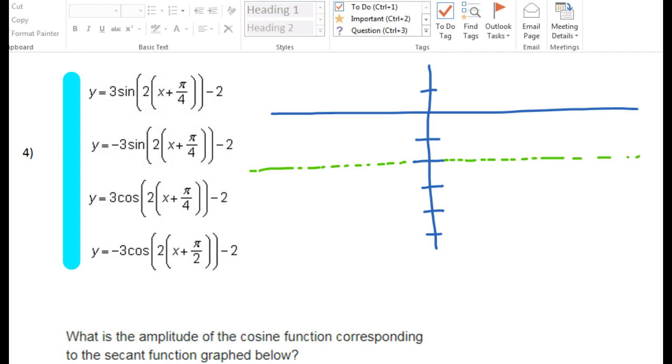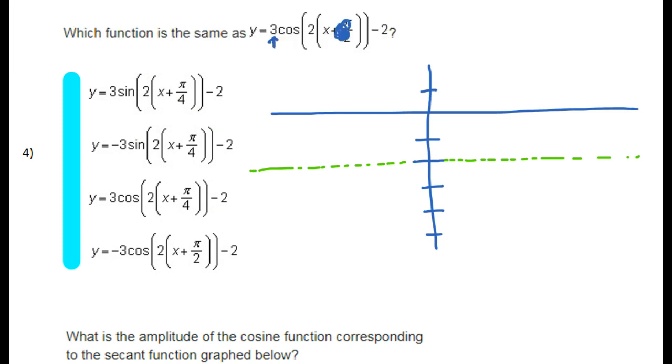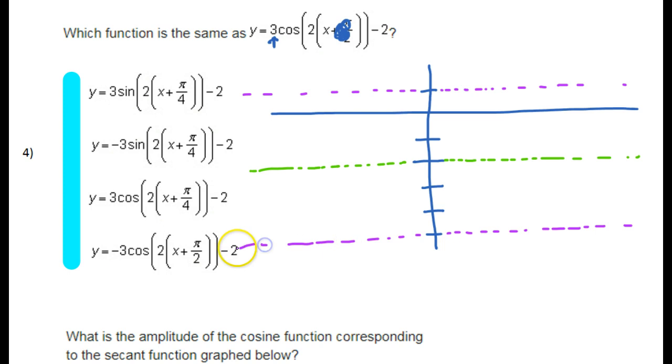So I'm going to put some extra lines on here. Alright, so it's going to have to go up to here. And it's going to have to go down to here.